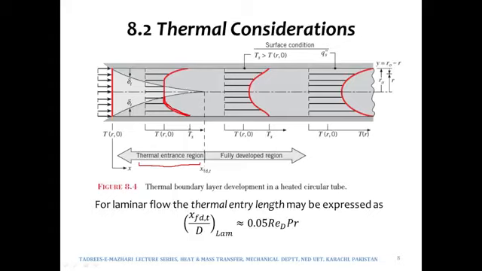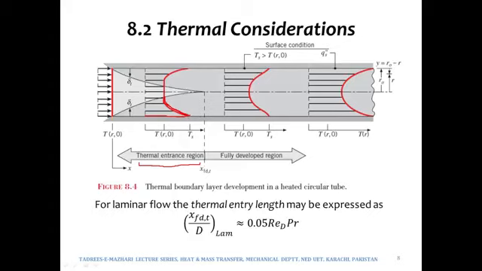Now we can see over here that the value of Ts minus T infinity is decreasing. How? Because the temperature difference is maximum over here, and then as we move away, consider this as a flat plate. Again, it is not a flat plate, but for a second we consider it as a flat plate.